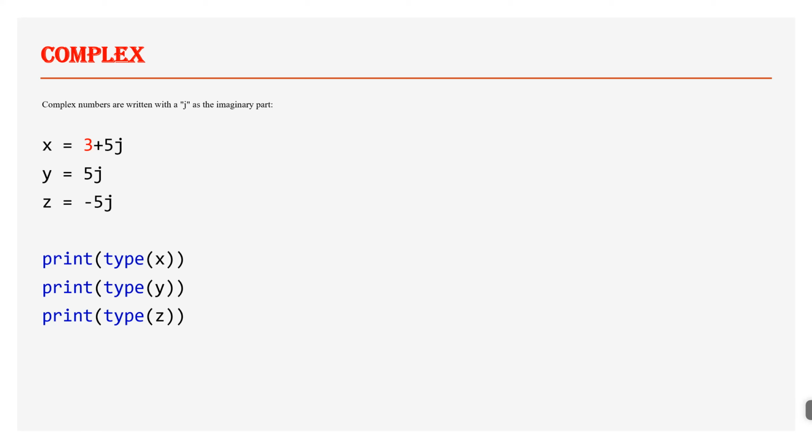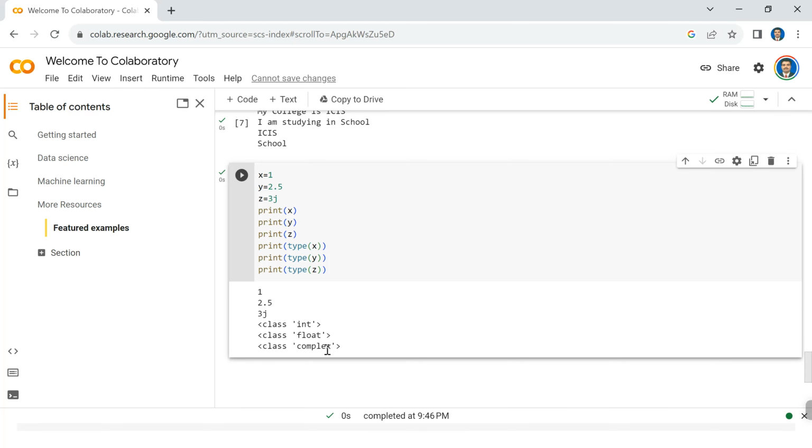Here also, complex number. Every complex number is written with j as the imaginary part. Now the question is, every complex number has a real part also. So let me say 3 plus 3j, or let me say 5 plus 3j.